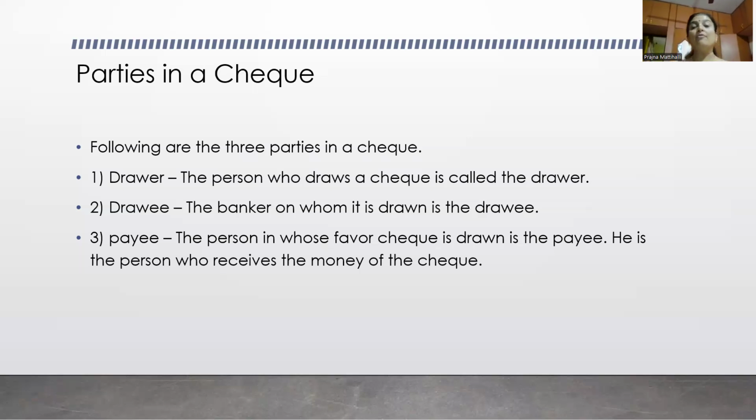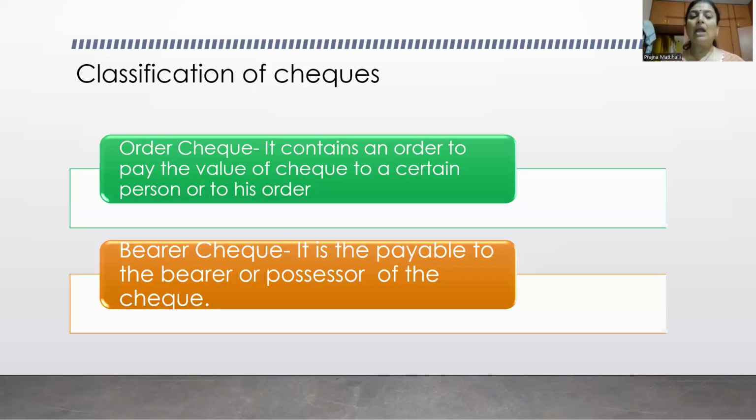Sometimes if we write our own name, we will be the payee. The drawer himself will be the payee. But most of the time we write others' names to whom we are going to pay. So they will be the payees.